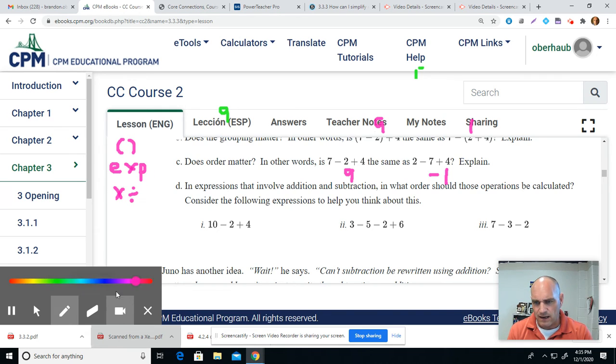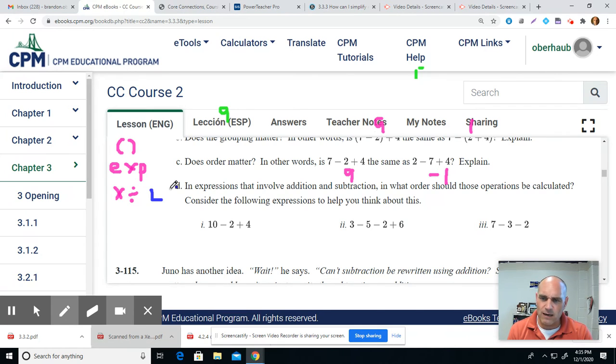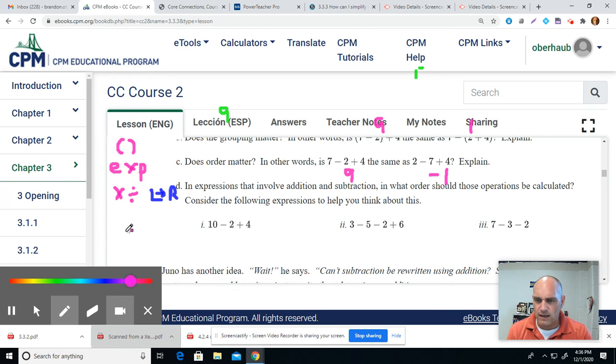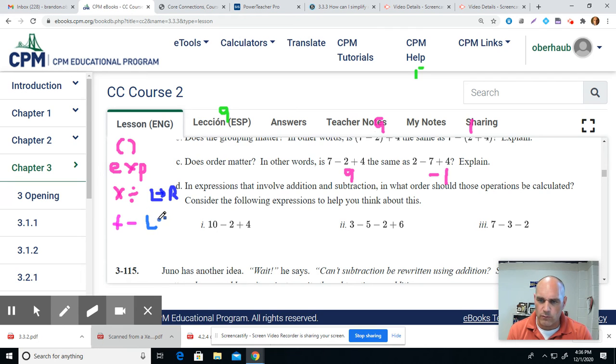And the thing that a lot of people forget is if we have both of them going on at the same time, we always go from left to right. That's the order we go. It's the same thing with the last step: add or subtract. If we have both of them at the same time, once again, we go from left to right.